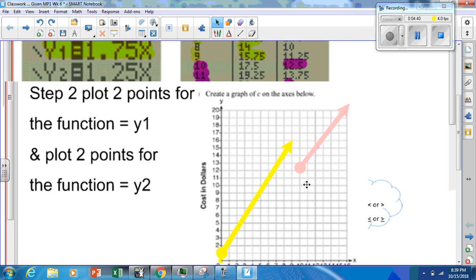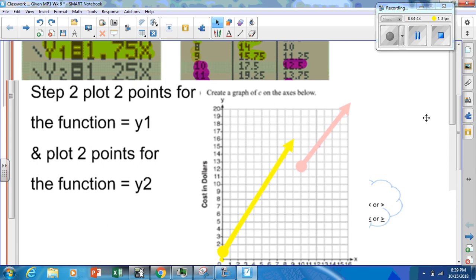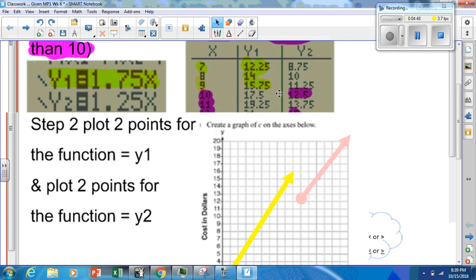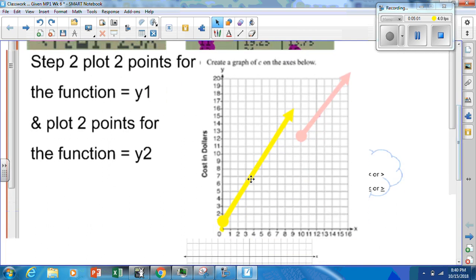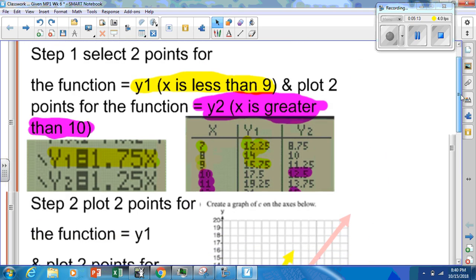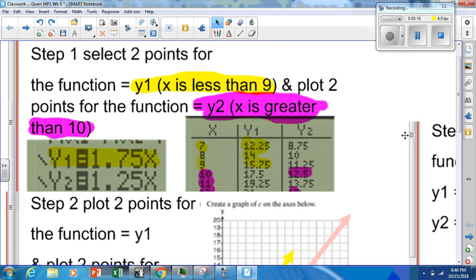And so I know starting when x is 0, going to when x is 9, that my slope is $1.75. All right, and that's what the yellow stands for, $1.75. But after my 10th one, my slope decreases to $1.25.